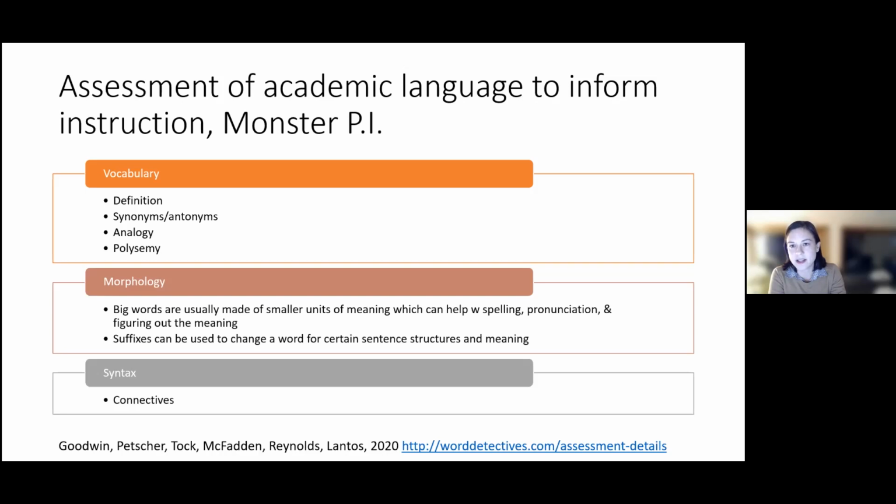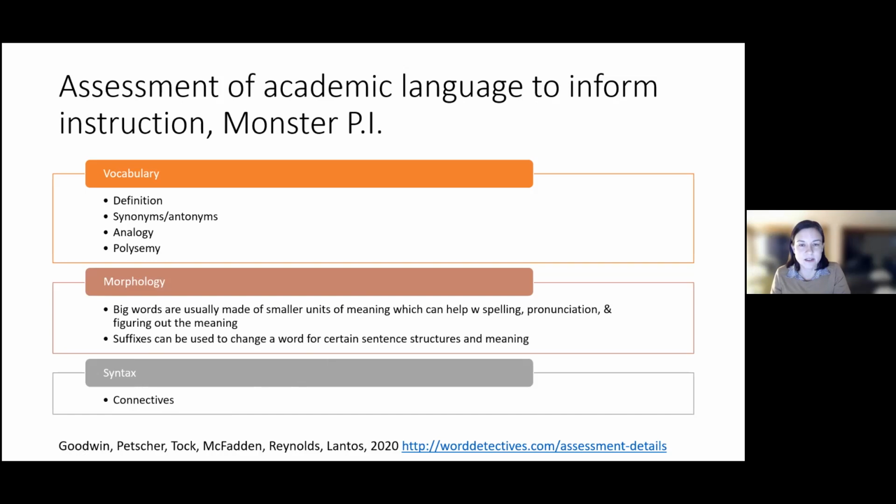It's a new assessment that was funded by an IES grant given to Amanda Goodwin, who's the current editor of Reading Research Quarterly. And Yakov Petcher is a co-PI on that. I wrote the syntax task of this, and it currently is commercialized through Ventures Learning.